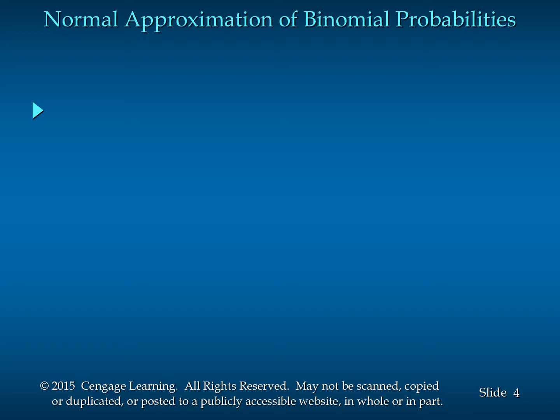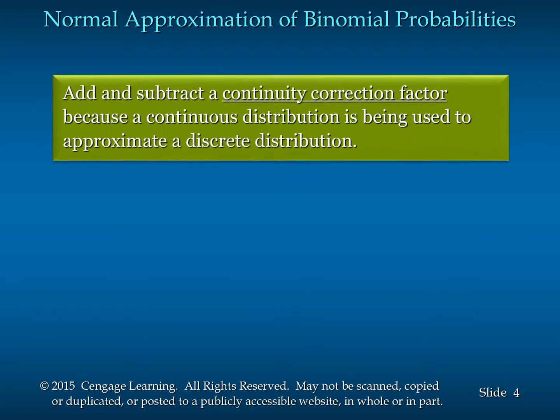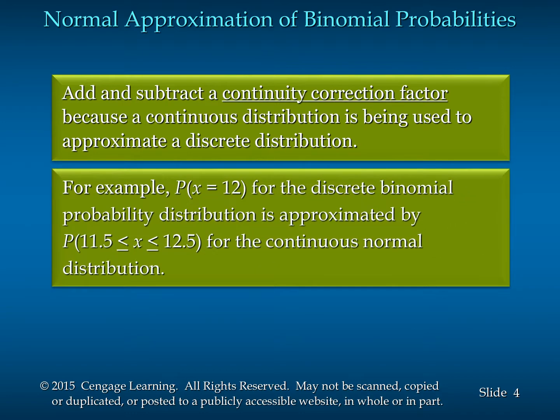So how do we use a continuous normal distribution to represent a discrete variable, a whole number? This requires us to add and subtract a correction factor around the x value of interest, remembering that x is a whole number. In a few slides, you will see graphically how this correction factor comes into play.